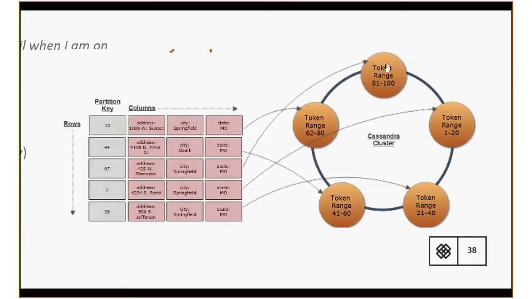That means you're telling in which node the data should go, right? The second thing you have to tell is what your clustering key is. So inside that node, how your data should be arranged. If your clustering key in this case I see is address, and probably then there is a quantity, and then city and then state. So that's how the data are arranged one after another.